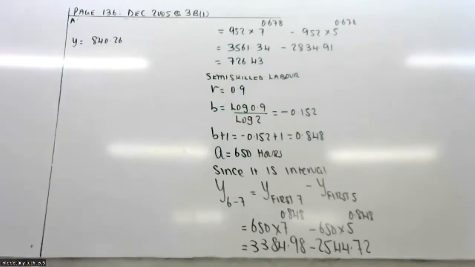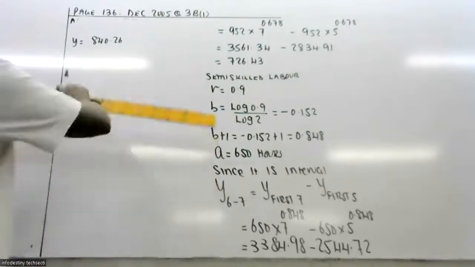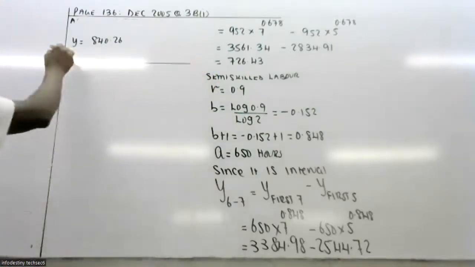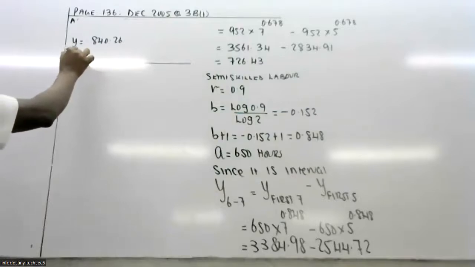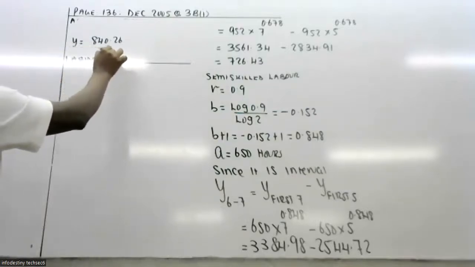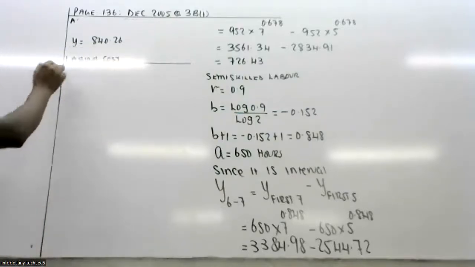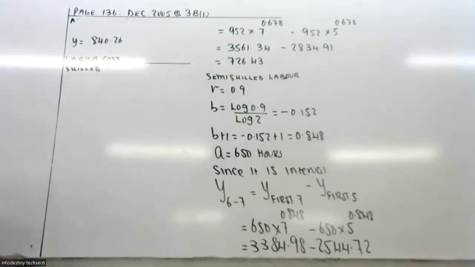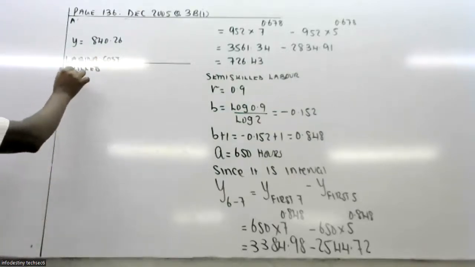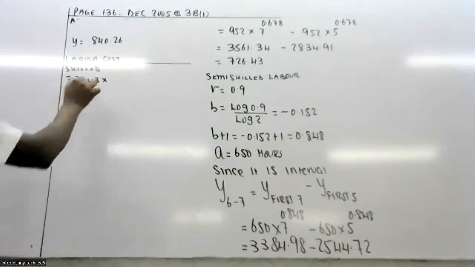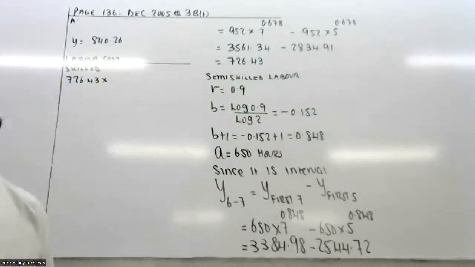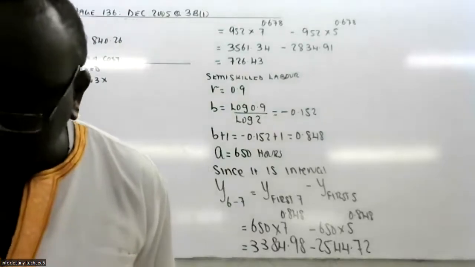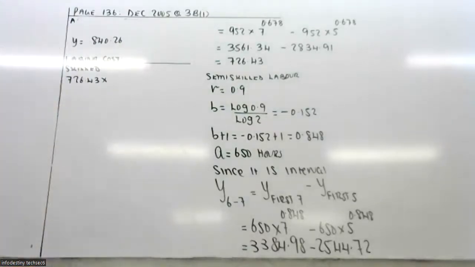So with that now, we can get the labor costs. Labor cost in the skilled, they require 726.43, and according to information 2, a skilled labor hour is paid at 12.50.